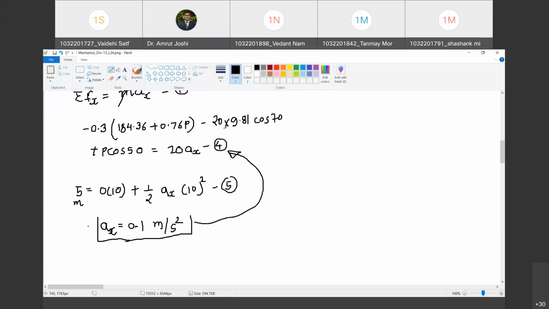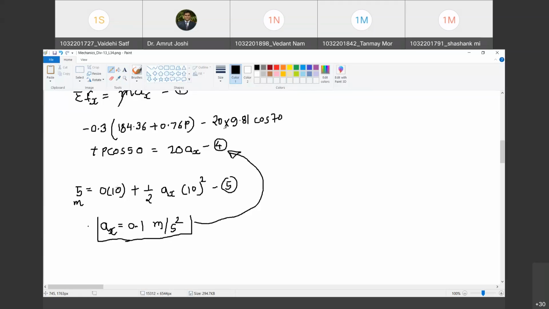Minus 0.3 into bracket 184.36 plus 0.76 into alpha x, minus 20 into 9.81 cos of 70, plus P cos of 50, this is equal to 20 into 0.1.